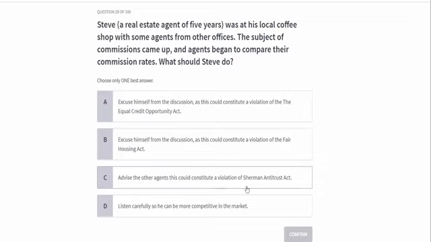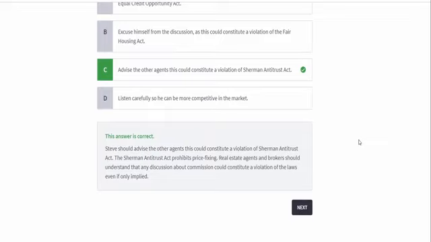Well, it's going to be C: advise the other agents this would constitute a violation of the Sherman Antitrust Act. So a couple key takeaways. One, when we're talking about the Antitrust Act, technically it's called the Sherman Antitrust Act. Don't be confused by that. That's just its full name.